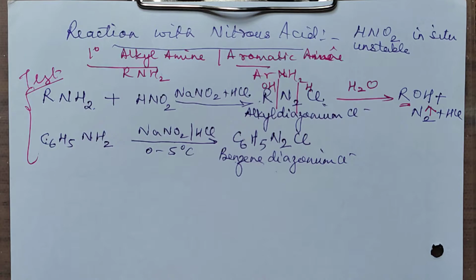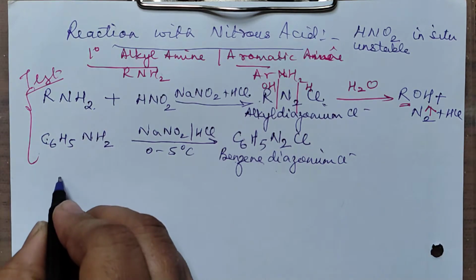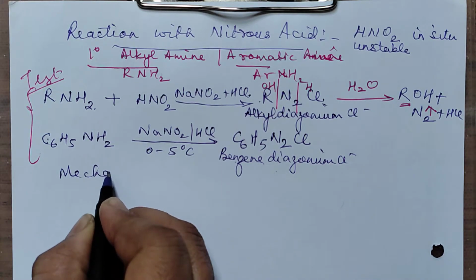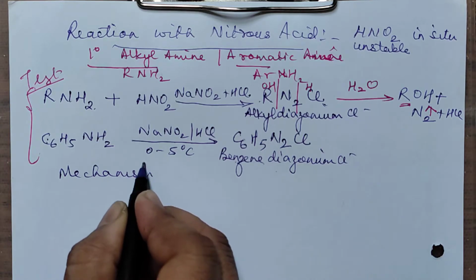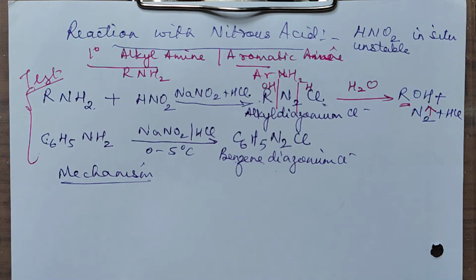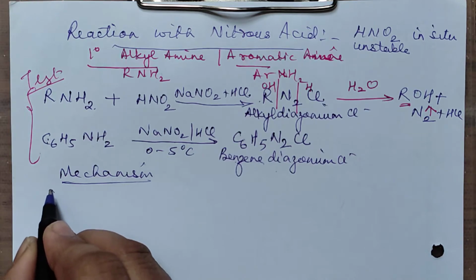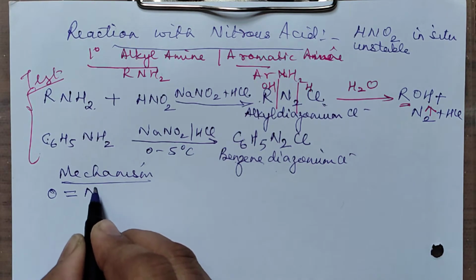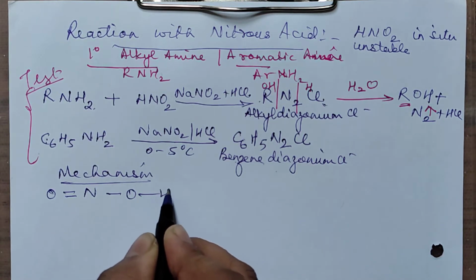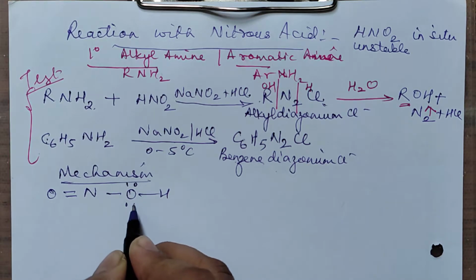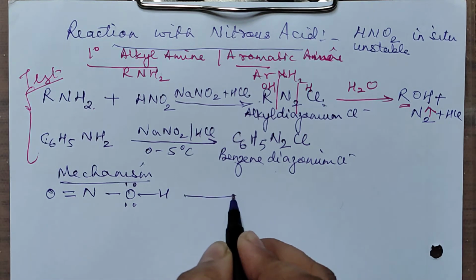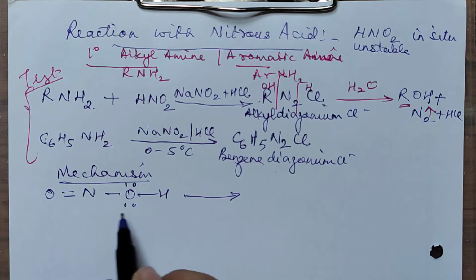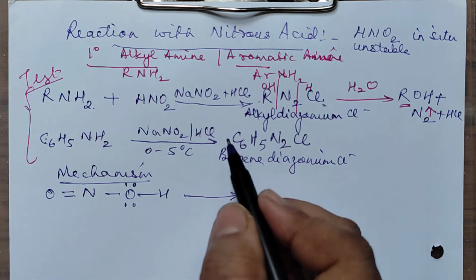Okay, so now let me explain the mechanism part of it. That means how you are getting this diazonium. This is nitrous acid. There are two lone pairs of electrons on oxygen. You're carrying out the reaction with this HNO2, plus you have HCl also, right?